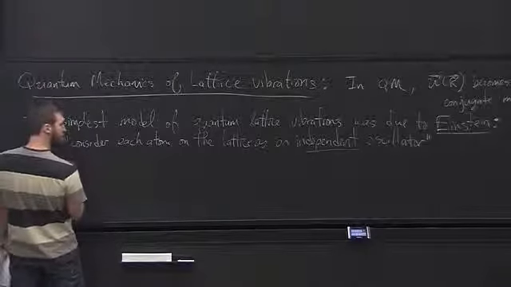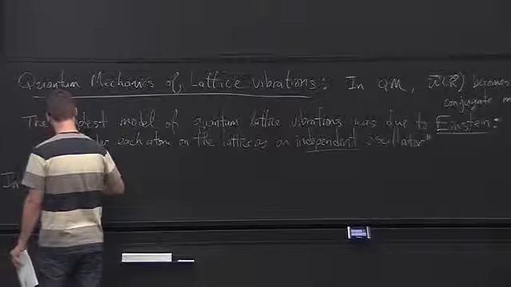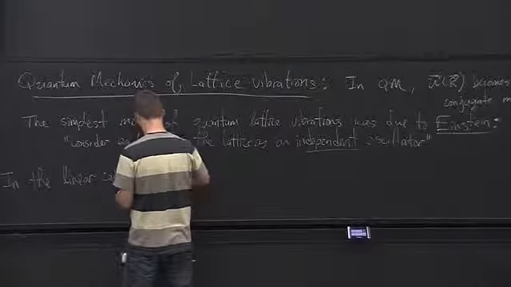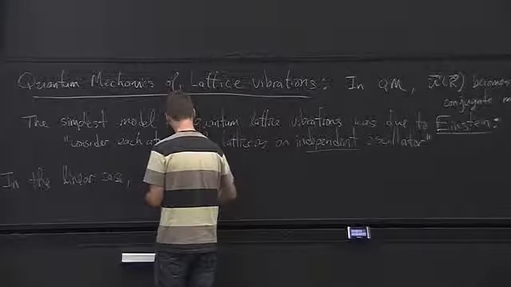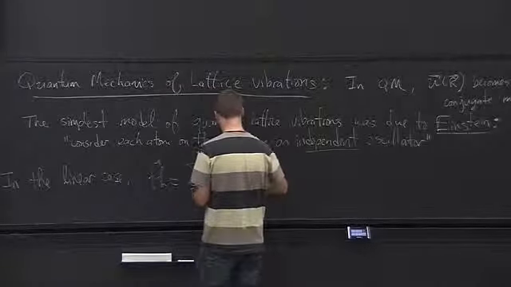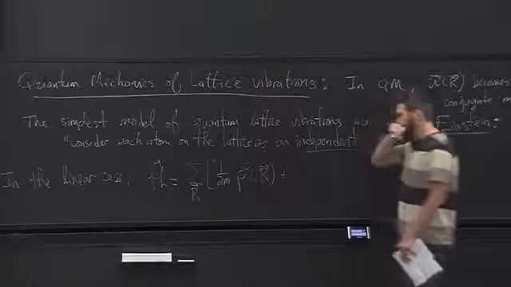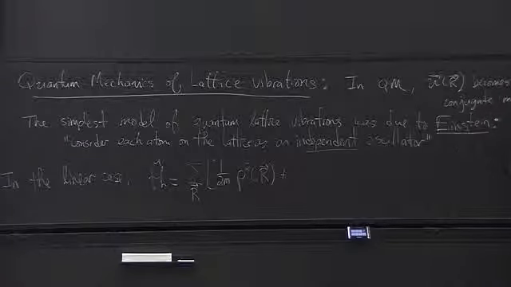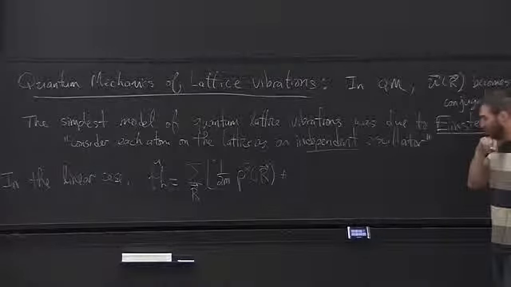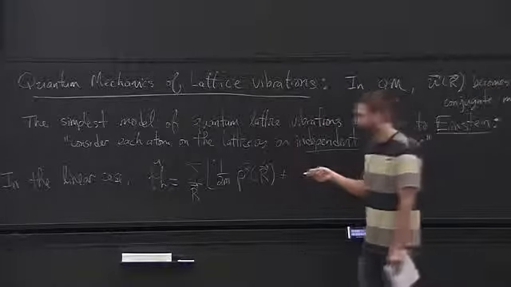So in the linear case, this Einstein Hamiltonian would just be a kinetic term. Okay, so I've just written it in terms of a momentum, which is an operator. And then 1/2 kx squared, which is that second order term in the Taylor expansion.